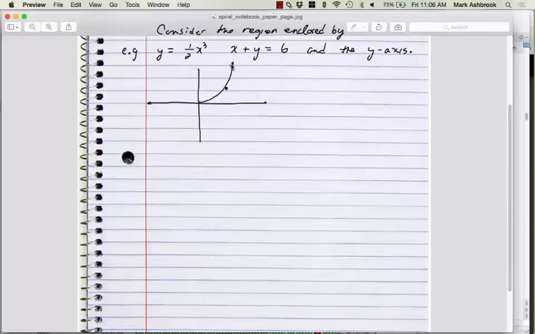So let's see how you did. Okay, so what are we talking about? What region are we talking about there? So here's your y equals 1/2 x cubed.